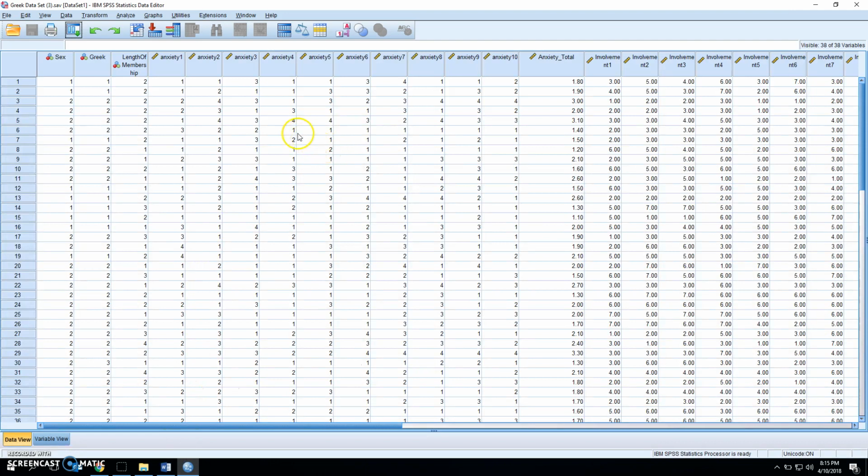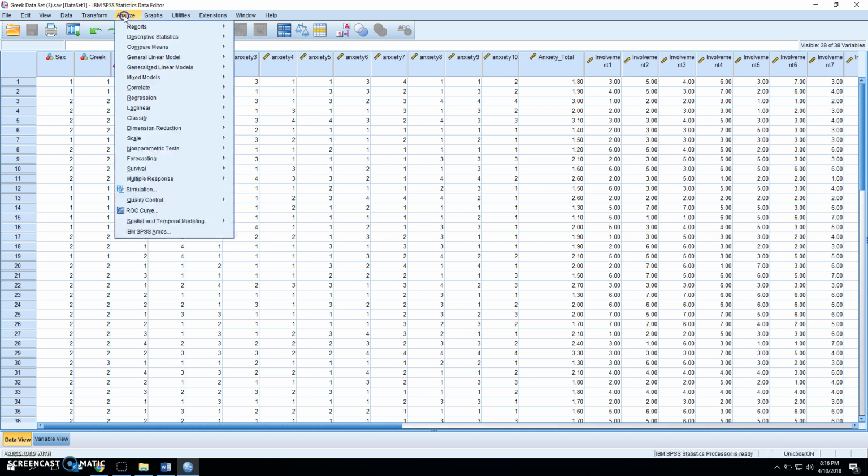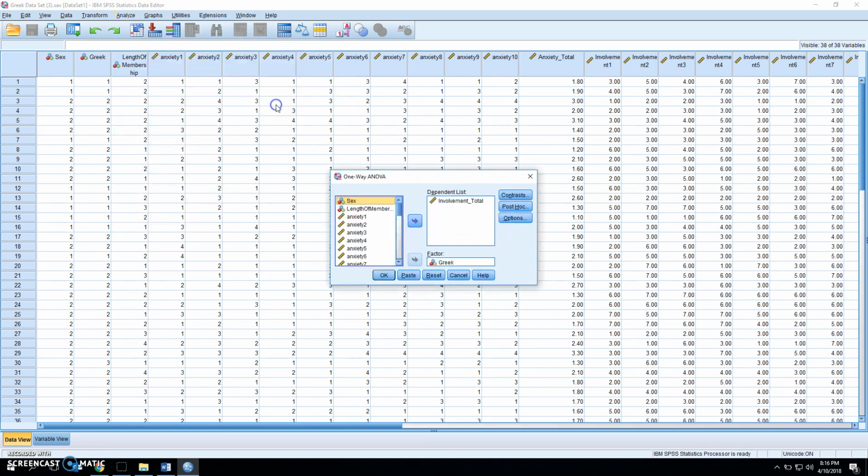Okay, we're here in SPSS and we're ready to run our test. We're going to start out by going to our common button here, which is Analyze. And we're going to go down to Compare Means, the same as we did for the t-test, but this time we're going to choose one-way ANOVA. In this case, we're going to choose our correct variables.